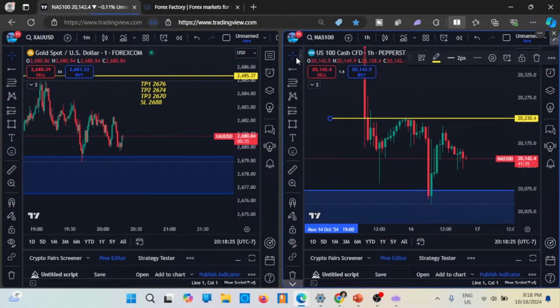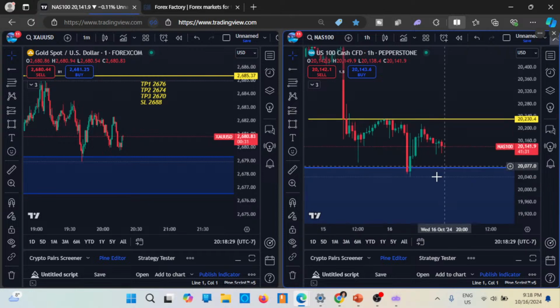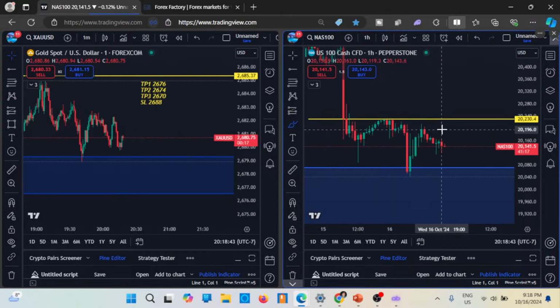Now remember, I told you guys price is currently at a support and we want to buy. The best area to have bought would have been down here, when the price got to 20,073. Now price is not there anymore. Right now, it's slightly away from it.